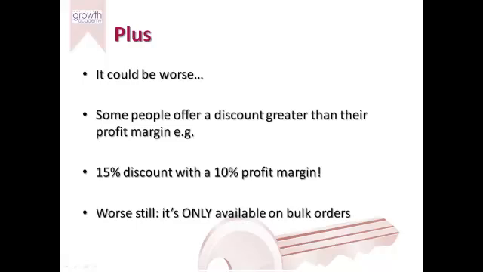Sometimes it's even laughable when you see somebody with such a small profit margin and then they offer a discount greater than that. And even worse, I've seen this a lot where people will offer a discount of 15% only on bulk orders. So for their good customers, they give them 15% off, which means you just make a loss even quicker. Instead of just making a loss with one small order, you make a loss with big orders.